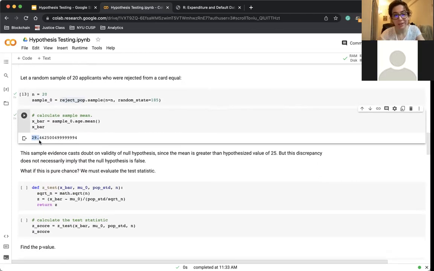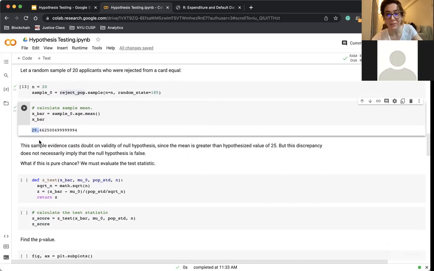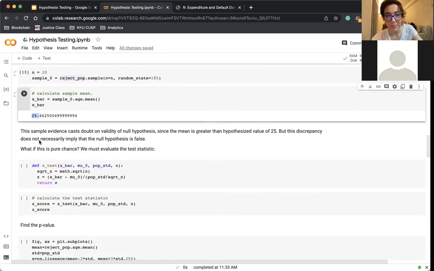So just by looking at this sample mean, this is greater than our hypothesized value of 25. This casts doubt because it's greater than 25. But is this discrepancy extreme enough to imply that we should reject the null hypothesis?